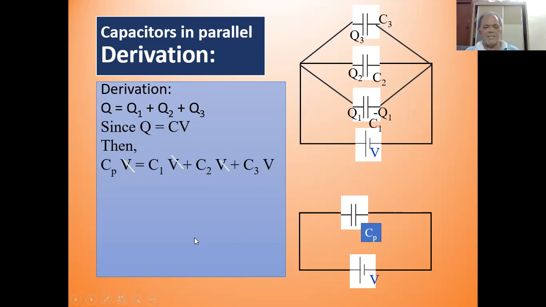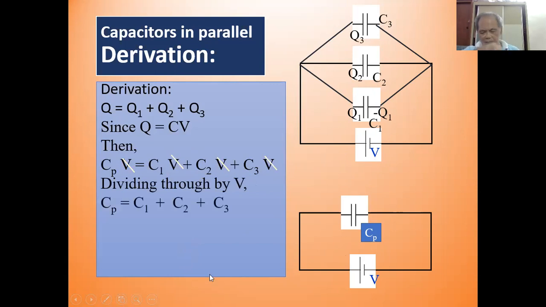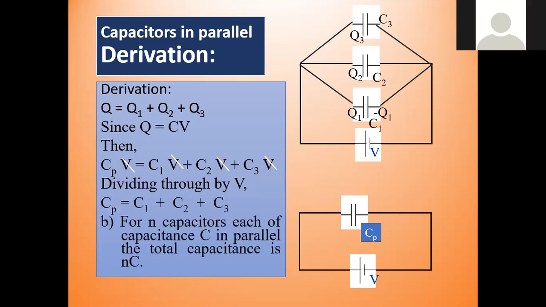So you get the answer already. Very straightforward, this one. The equivalent capacitance, you just add all of them up. So if it's n of them, each of capacitance C, then you just get n times C.